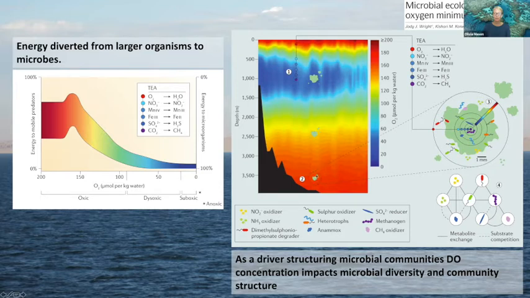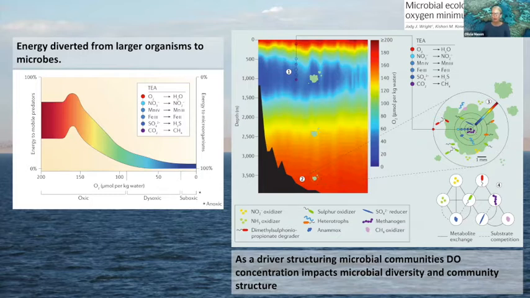And I like this illustration, although it's not up here in the dysoxic to suboxic water column. This is on a particle in an oxic environment, but the same microbes would appear here on this particle, where you have decreasing oxygen concentrations as you move into the interior of this particle that's falling to the seafloor, and where it will remain for thousands of years.